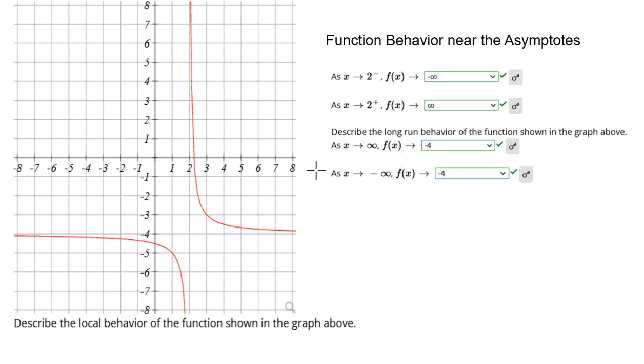So an asymptote, I like to use the example of an electric fence. It's an area of the coordinate plane that the function values will not touch or will avoid. Well, specifically vertical asymptotes.